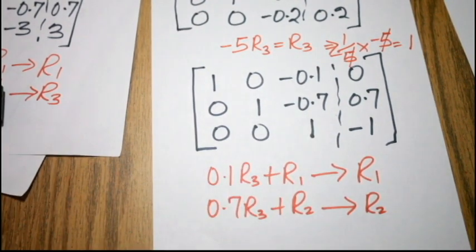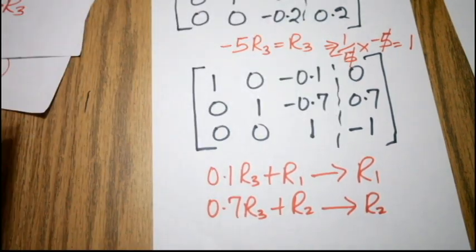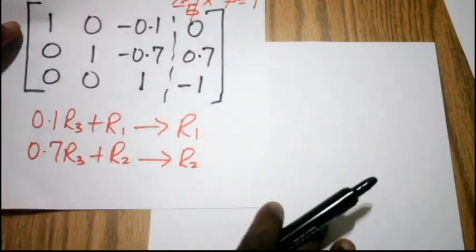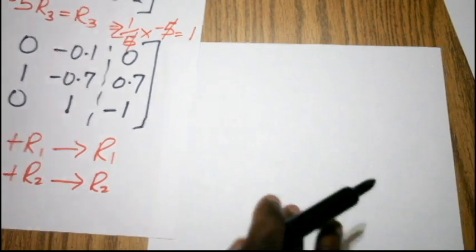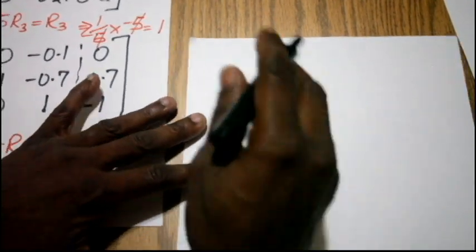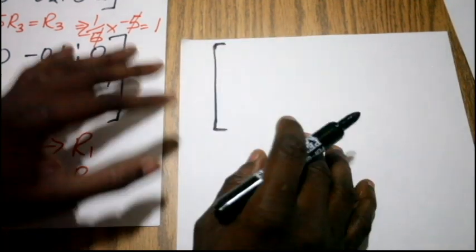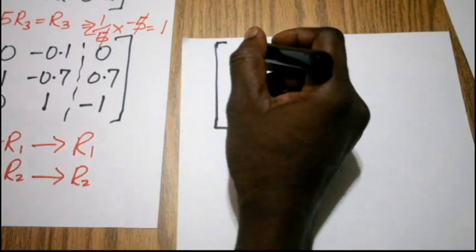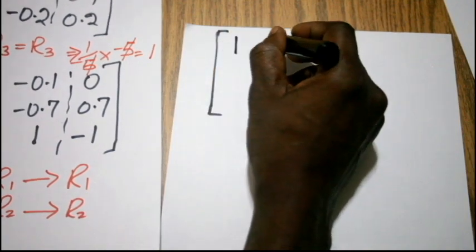So the new set of values I'm going to raise from this equation is going to be from this value that I got now. I'm going to have a new augmented matrix that says I'm going to have the 1 here all through. So 0, 1, 0.